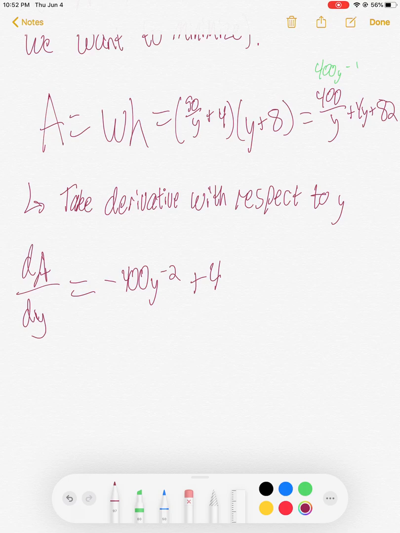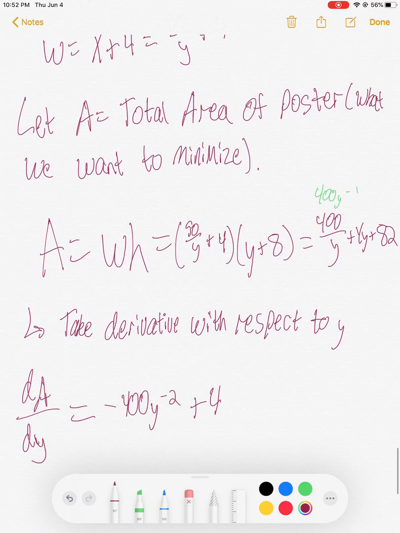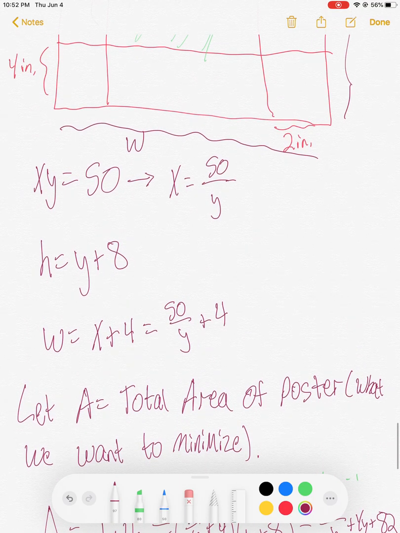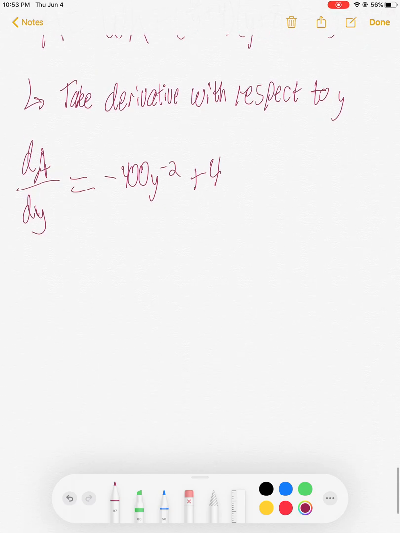The great thing about that is that whenever I want to take the derivative of the area function, now this is a very nice derivative, which we can look at and find critical points, find its maxes and mins, etc. And once I find y, I can use that to find both my height and my width. All that we really need to do is find y, because once we find y, x will be determined.